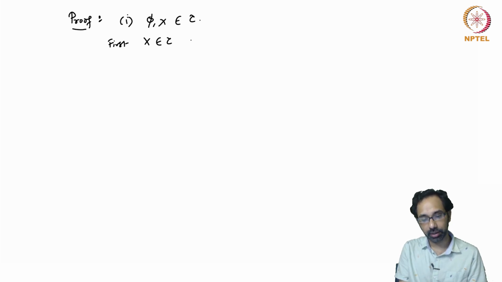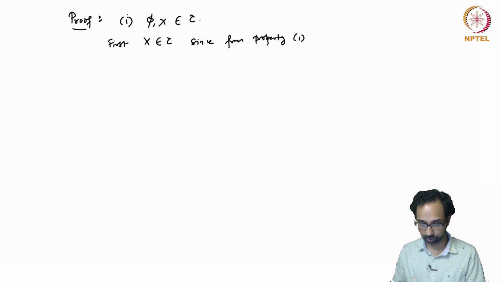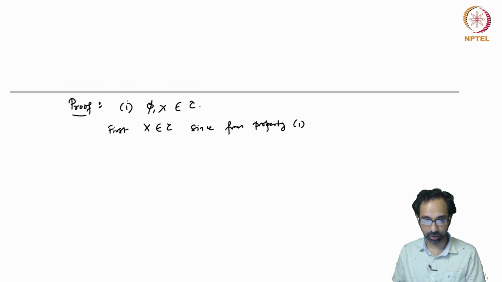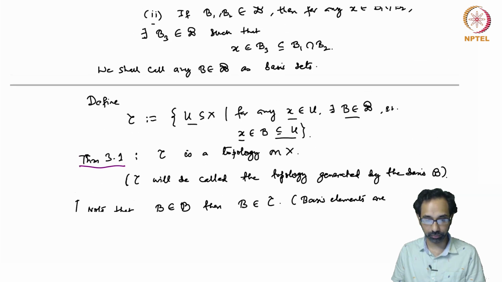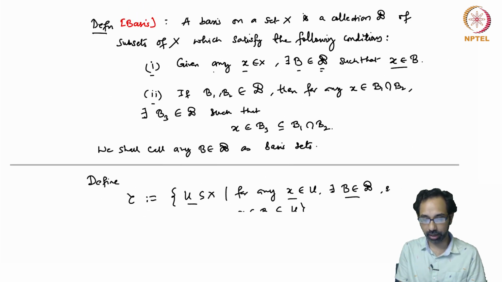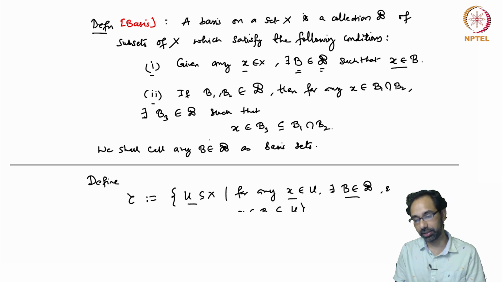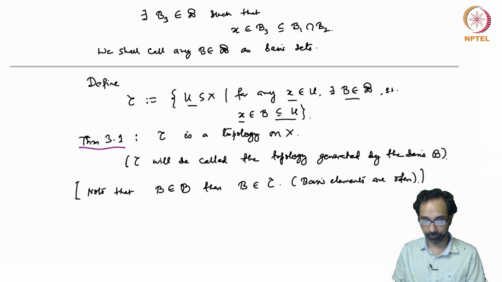Why? From the first property of the basis, so let me go back to the definition, which says that given any x, there exists a basis element such that x belongs to that basis element.